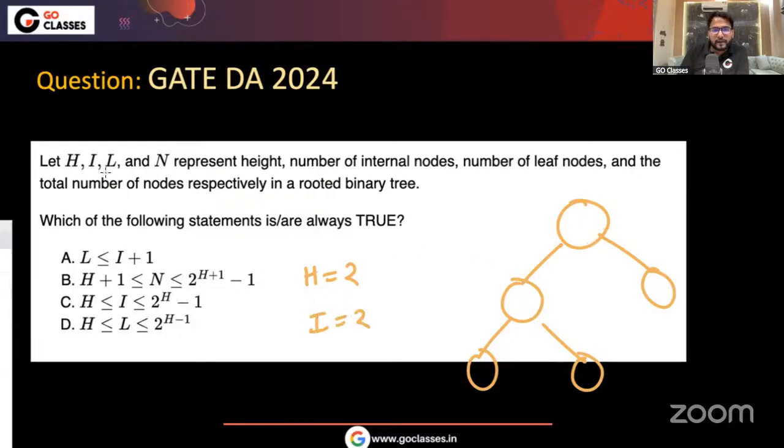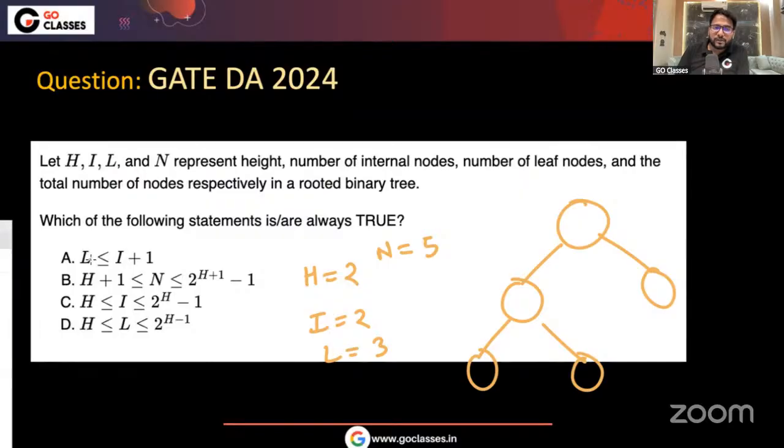L, the number of leaf nodes, is 3. And N, the total number of nodes: 1, 2, 3, 4, 5, right? Then you can check which of these is satisfied. For these kinds of questions, you can very easily do it using some example tree.